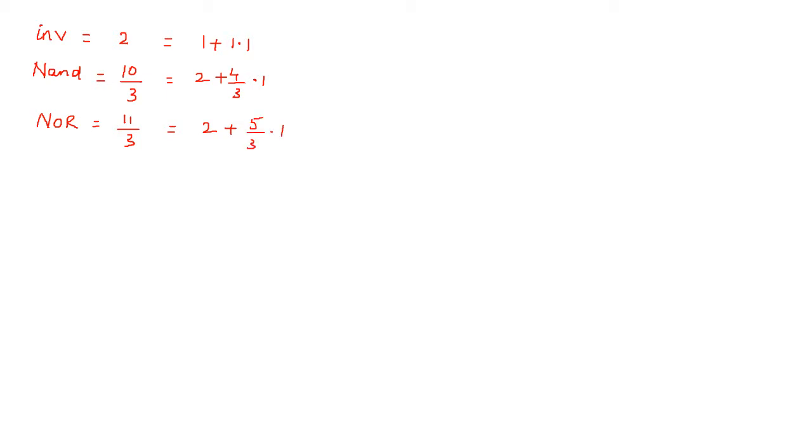So we can generalize this. Any normalized delay can be represented as P plus GH, where P is the parasitic delay, G is the logical effort, and H is the electrical effort. The definition is as follows.